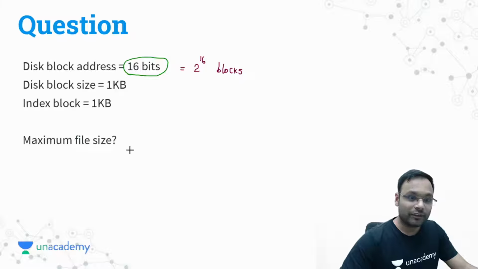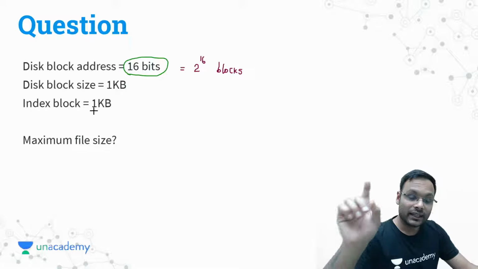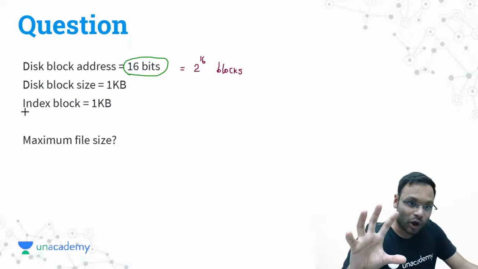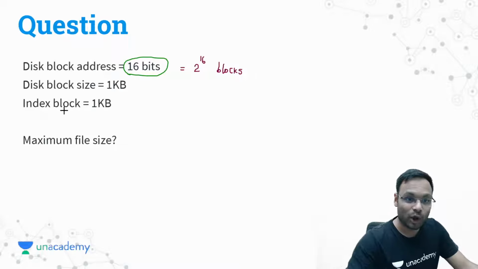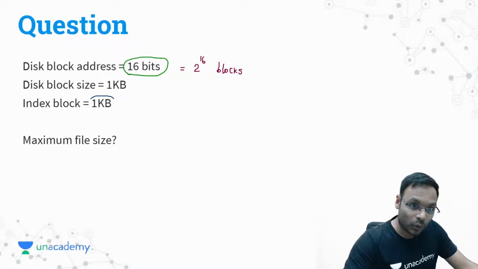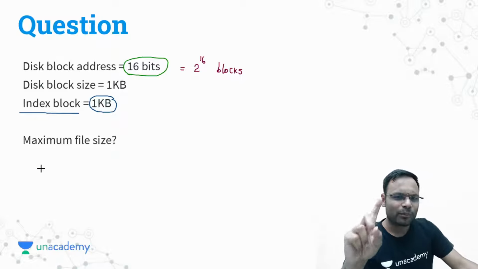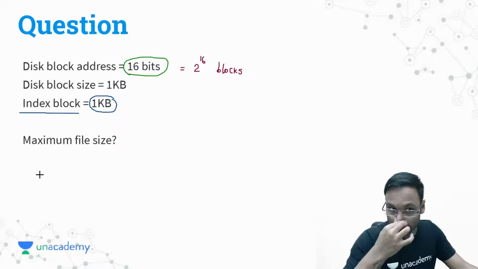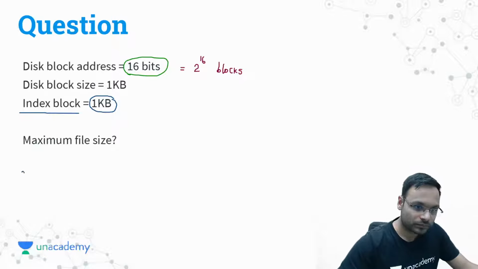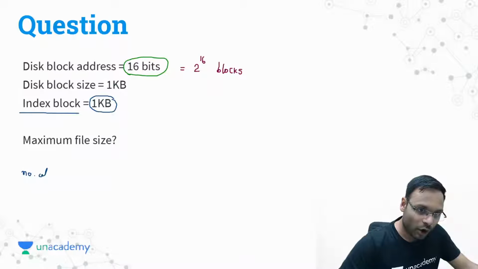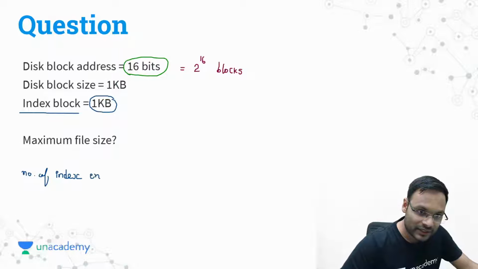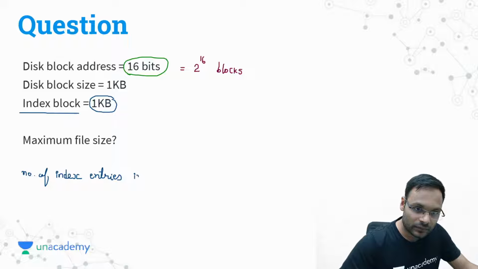First of all, we need to understand, if one disk block can contain 1 kilobyte of indexing, how many index entries can we keep in a single block?